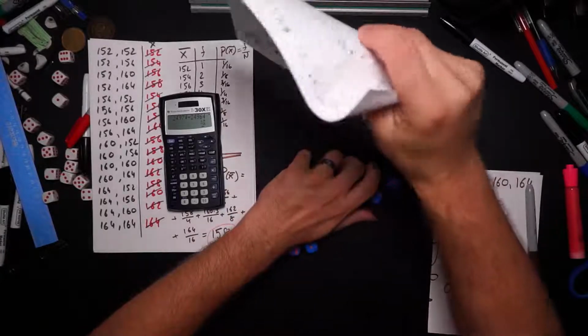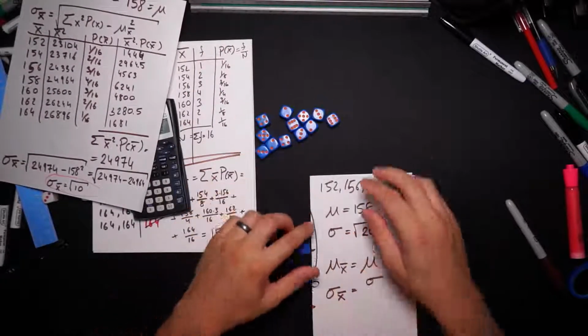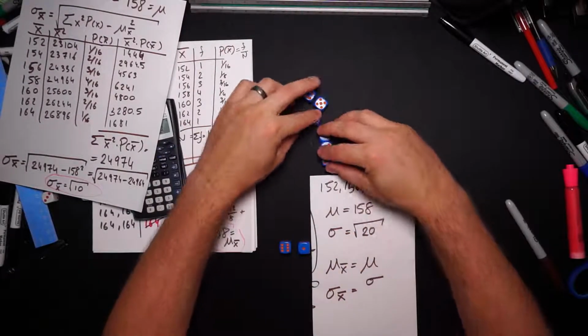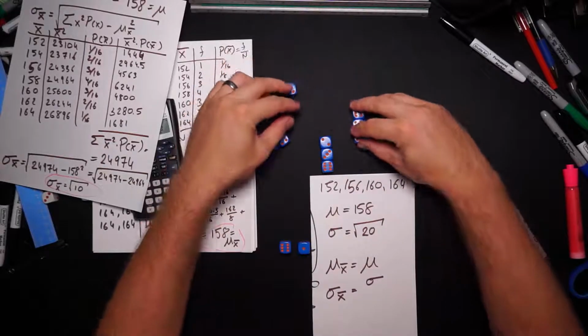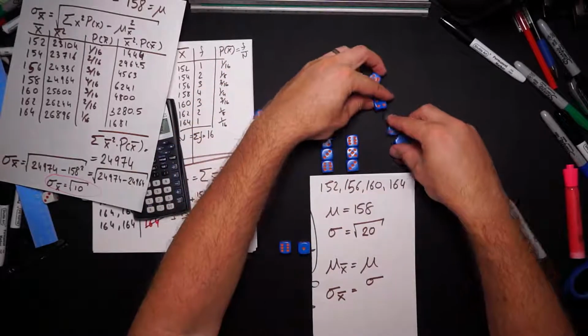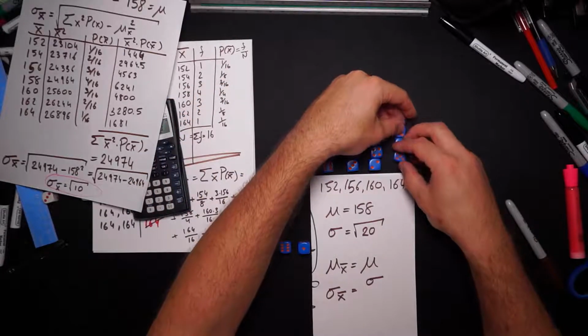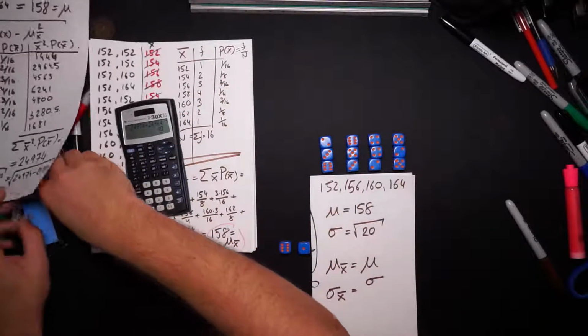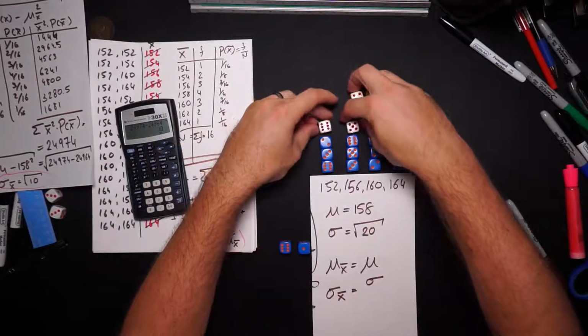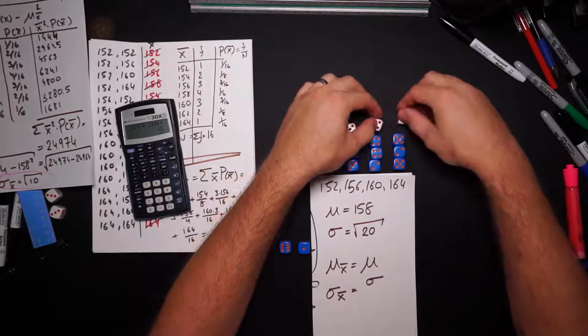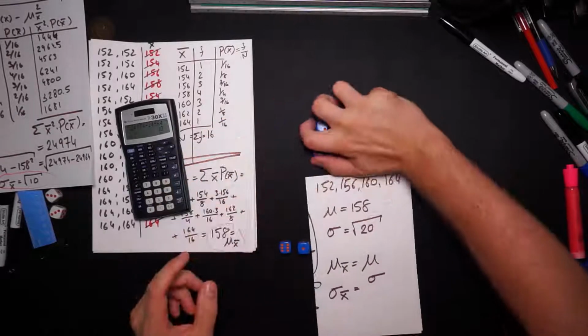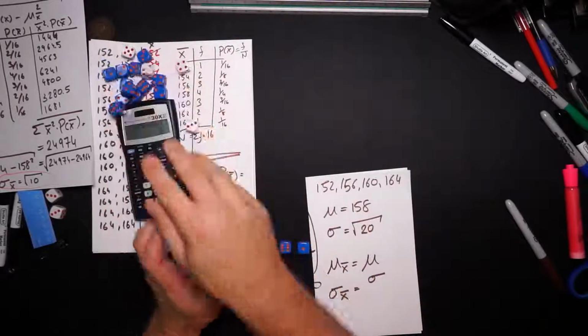I'm going to toss this aside. So we had the same frequency for 152, the same frequency for 156, the same frequency for the others. And I apologize, guys, for different colored dice, but that's what I have.